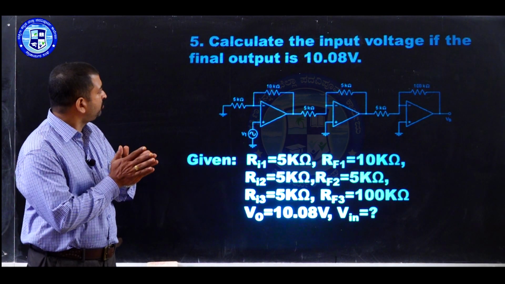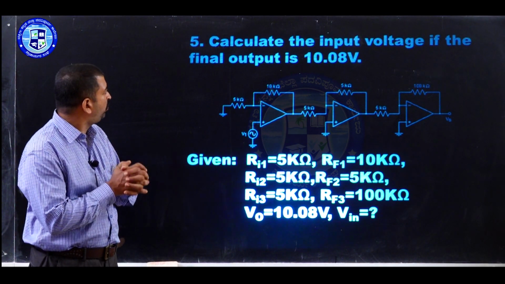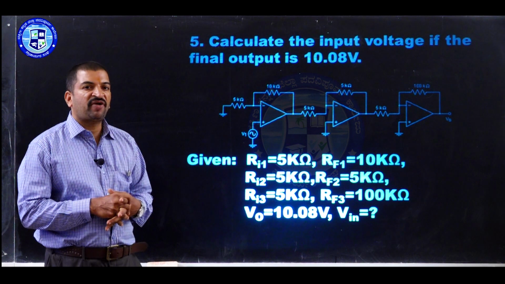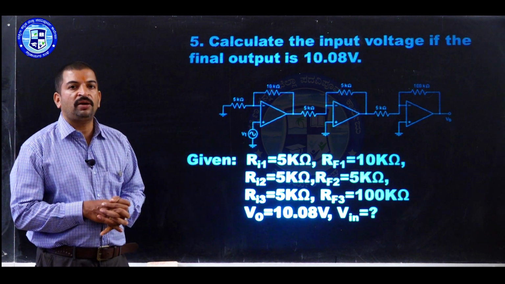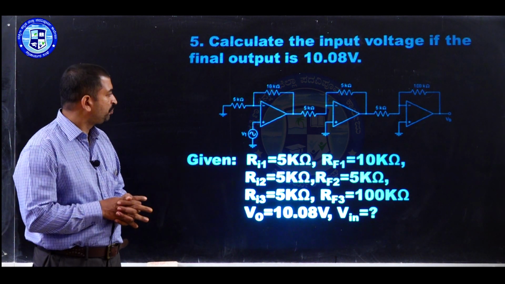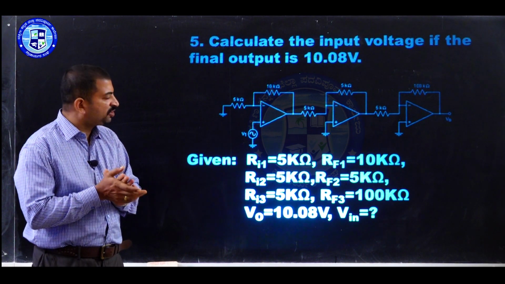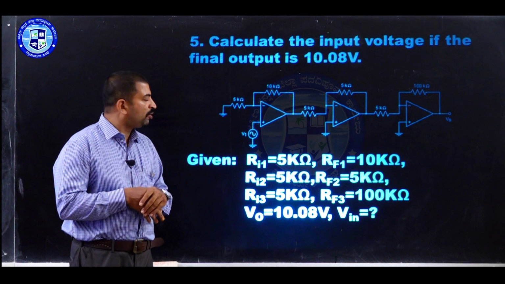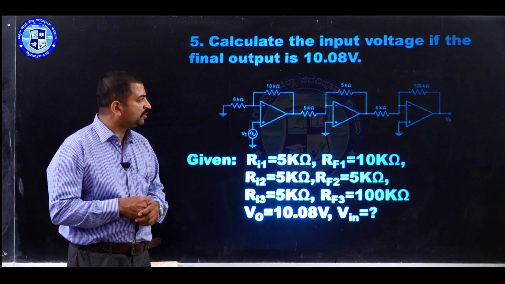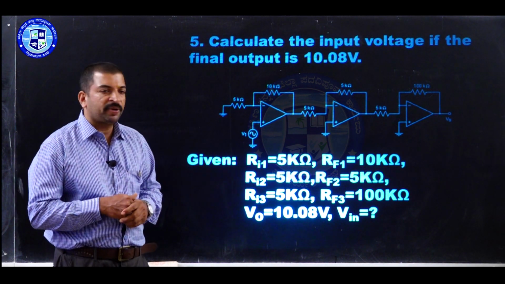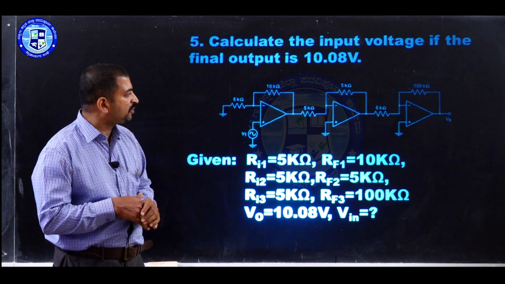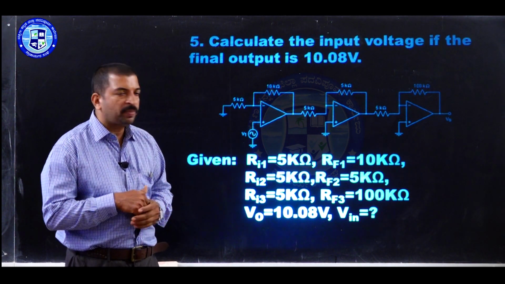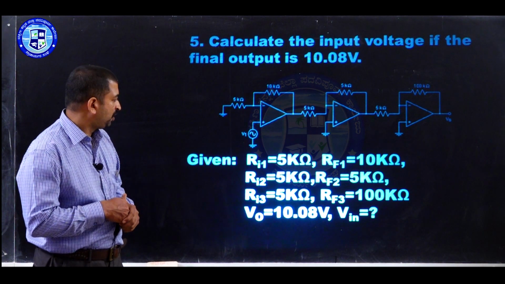The next problem, calculate the input voltage if the final output is 10.08 volts. Here there are 3 circuits. The first circuit is op-amp non-inverting amplifier. The second circuit is op-amp inverting amplifier, and the third circuit is also op-amp inverting amplifier.